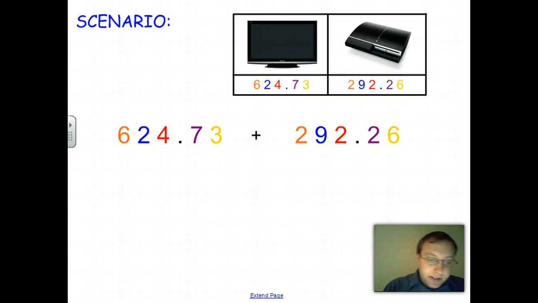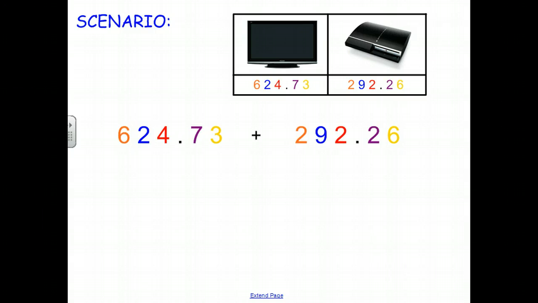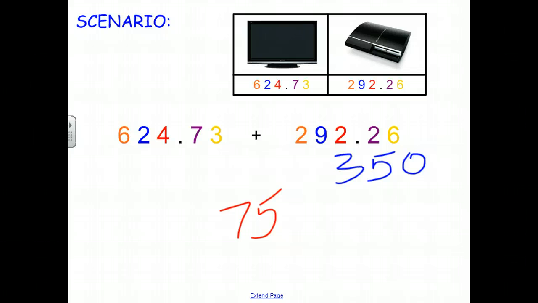Now, the question that comes up immediately when you're adding together costs is, how do we line up the values to represent place values to make sure that we're only adding ones to ones, tens to tens, etc.? When we're using just whole numbers, it becomes easier, because if we have something like 350 and 75, we can just make sure that the farthest right-hand column is lined up with the farthest right-hand column.